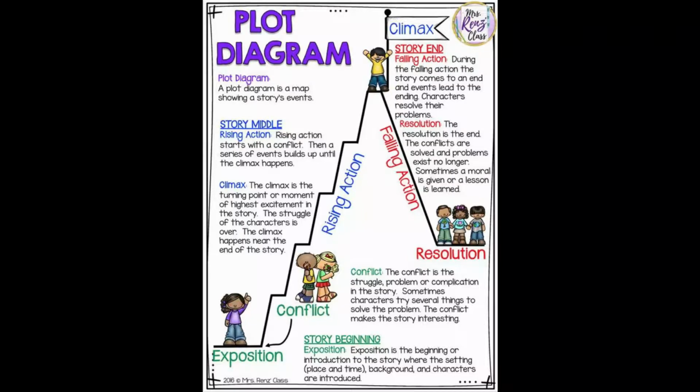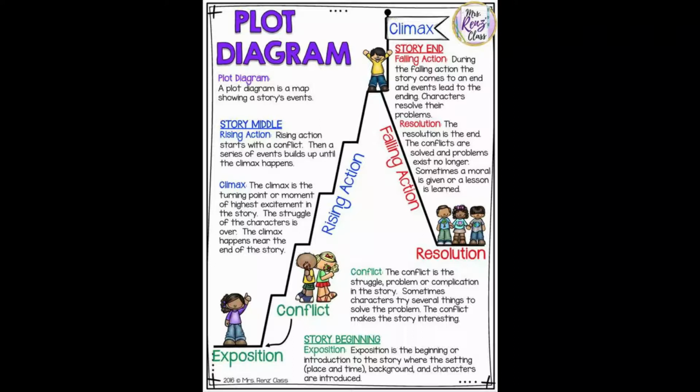Okay, so these are the main stages of the plot diagram in a narrative. Exposition in the beginning, then we have the rising action, then we have the climax, the top of the actions, and after the climax we have falling action, and then the end of the story, which is resolution.